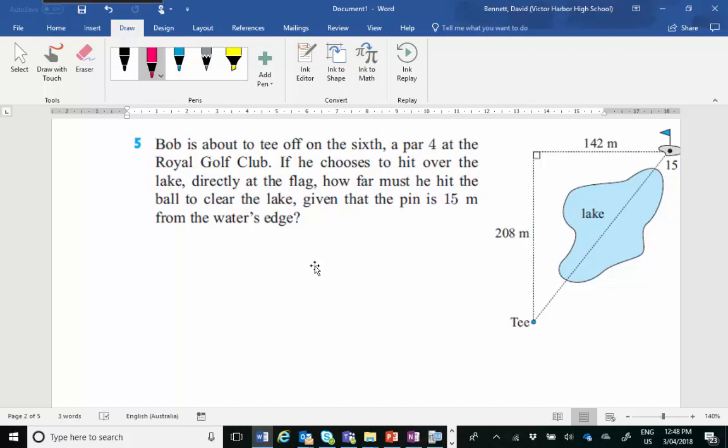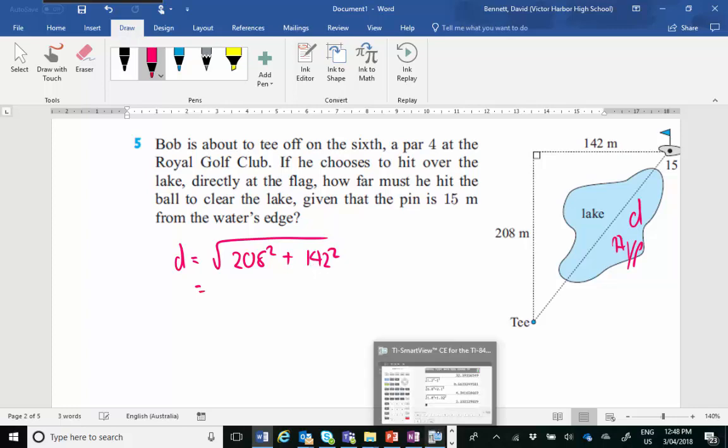Looking at the diagram given to us, this really is the hypotenuse. So we could say the distance, we might call that d, is equal to the square root of 208 squared plus 142 squared.